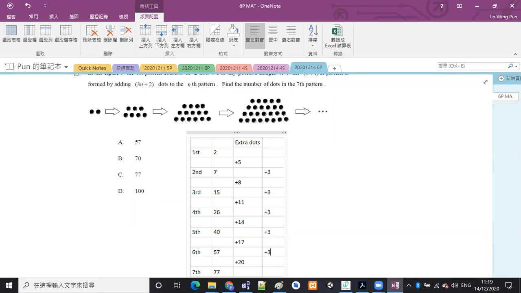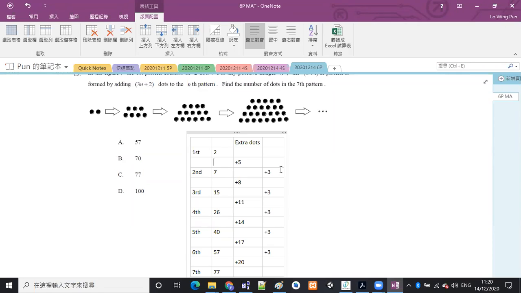Okay, it's always following the same pattern for the extra dots added to the previous pattern. Okay, so in the first pattern, we have 2 dots, and then we need extra dots. Okay, the extra dots is 5. Okay, so we've got the second pattern, and then to form the third pattern, we need extra dots. It is given to be 8, right?